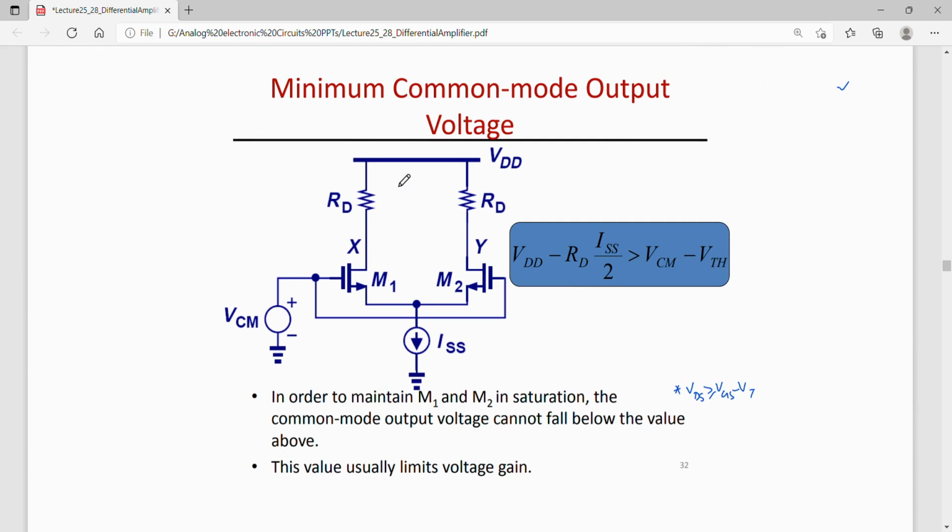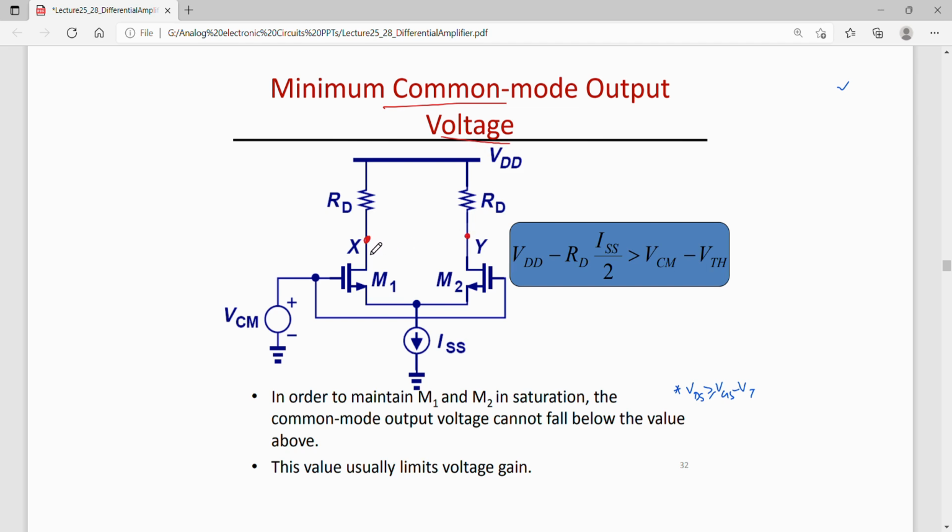Okay. Now one can also find out the minimum common mode output voltage. Okay. That is minimum common mode output voltage, that is the output voltages which are appearing here.